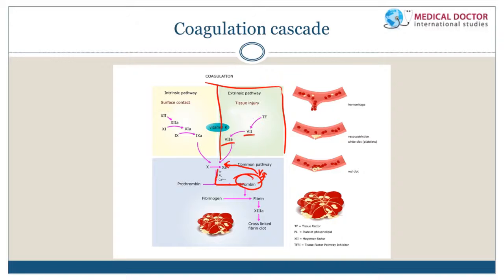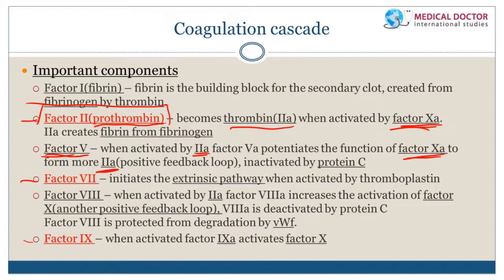So we basically have a positive feedback loop. This is caused because when we have the activation of the coagulation cascade, we basically want to create locally as much activated thrombin to form the clot itself. So this is done in part by the positive feedback loop, which is made by factor 5 and factor 8, which we'll talk about in a minute.